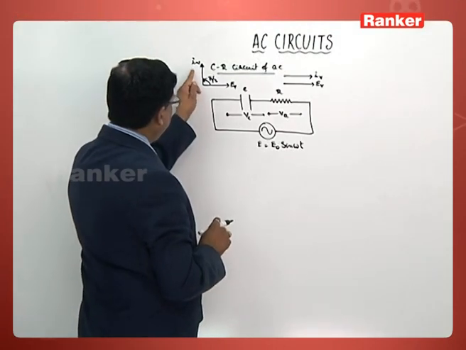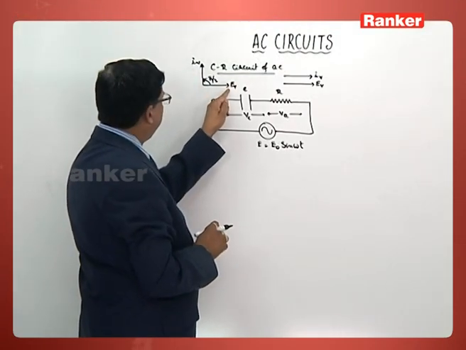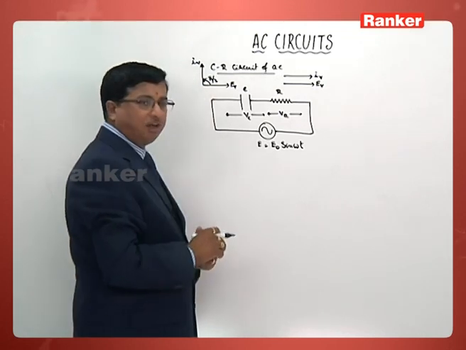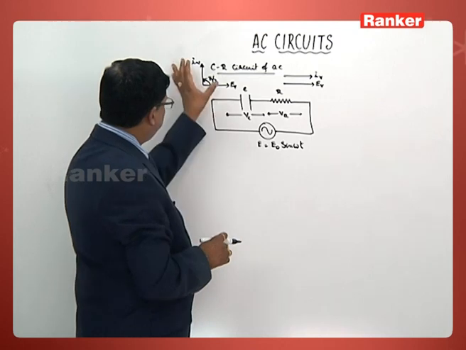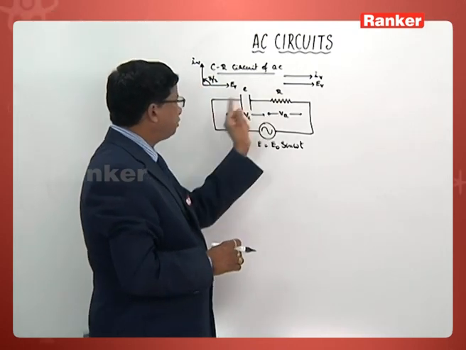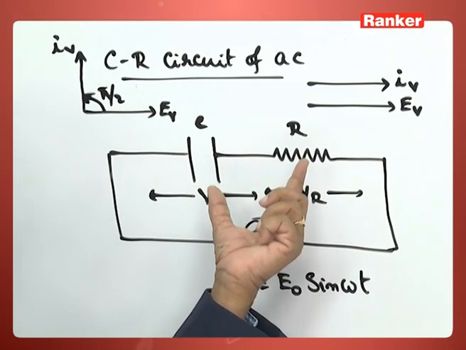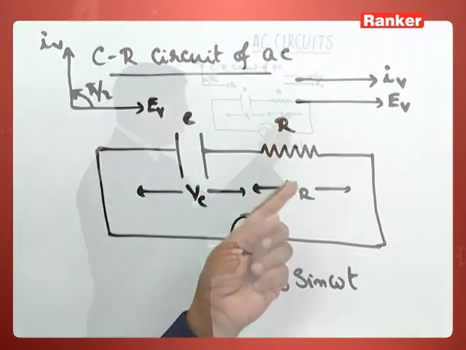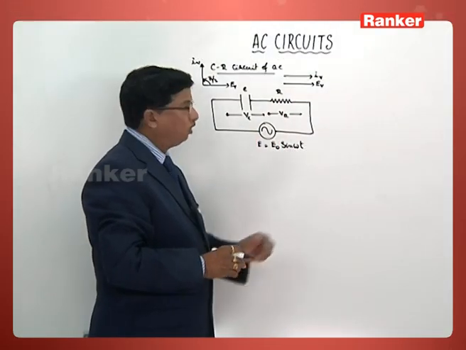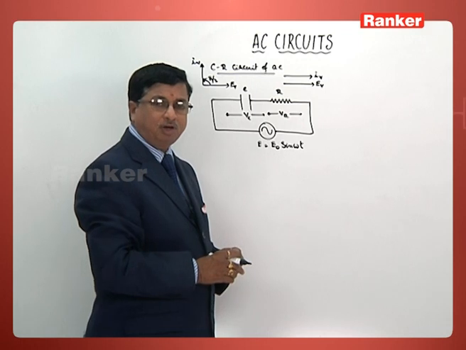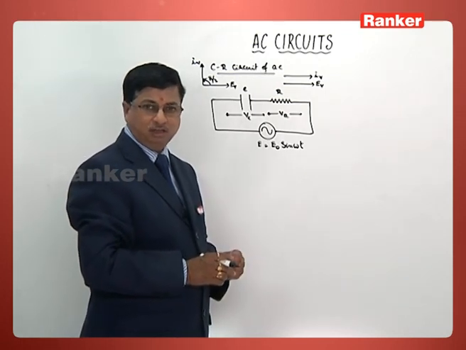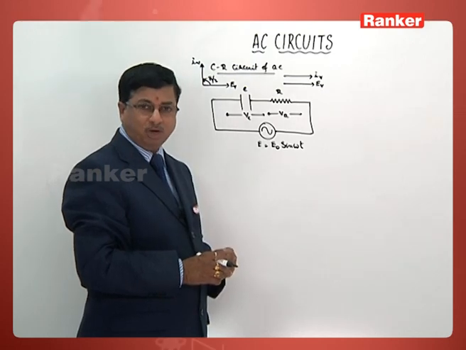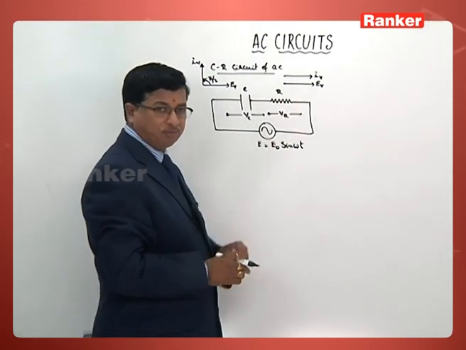The angle we are finding between EV and IV is 90 degrees, which is pi by 2 radian. So this is actually the difference between these two individual entities. As far as resistance is concerned, the virtual values of alternating voltage and alternating current are in the same phase.